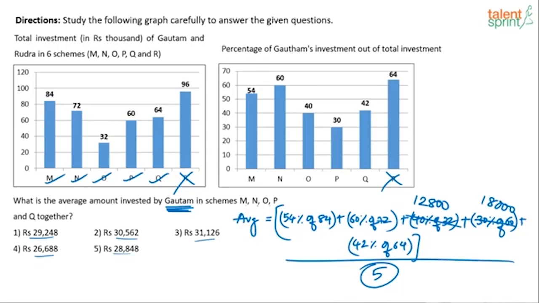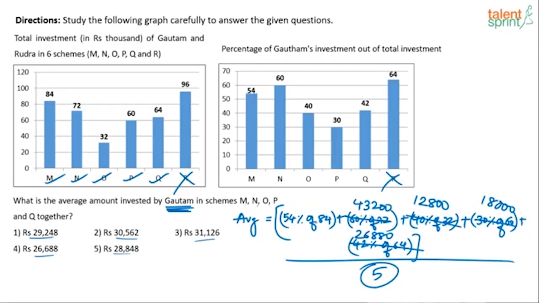So that will be 6,400 into 4, which is 25,600 plus 1,280, 26,880. 60% of 72,000 is 43,200. You can see half of the calculations are already done, more than half.